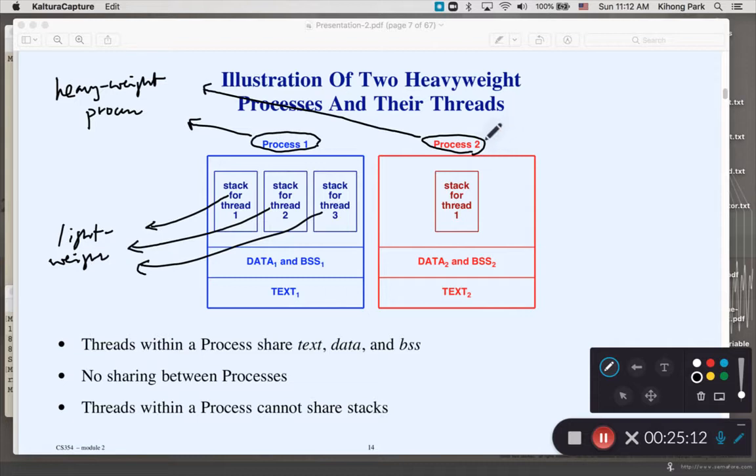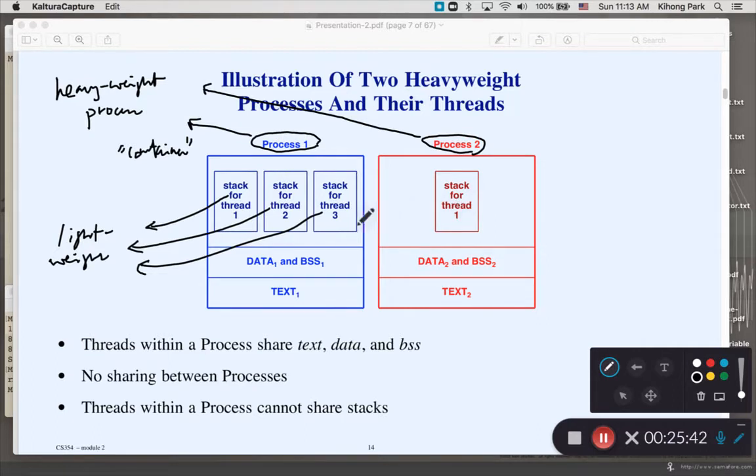This heavyweight process, called 2, has only one lightweight process. So there's a simple one-to-one correspondence here. Here there are 3 to 1. So this is like a container, a term that we use a lot for this or that purpose, within which we hold 3 lightweight processes. Here it happens to be one lightweight process.